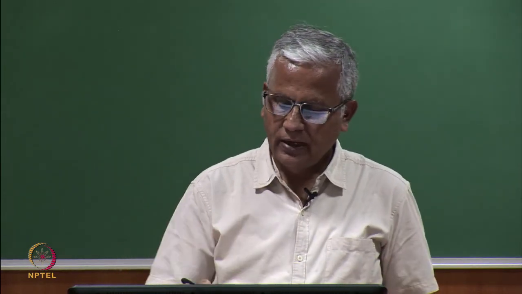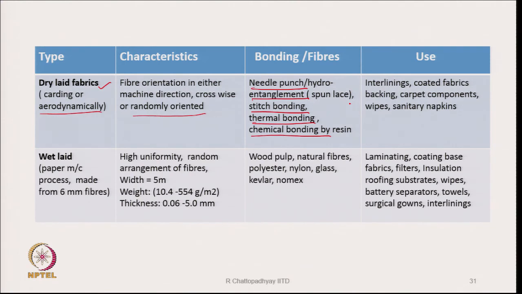Now, how to hold the fibers together so that the fabric has certain strength? These are the various ways to create bonds between the fibers as they lie within the fabric. The uses are interlinings, coated fabrics, backing, carpet components, wipes, like that.